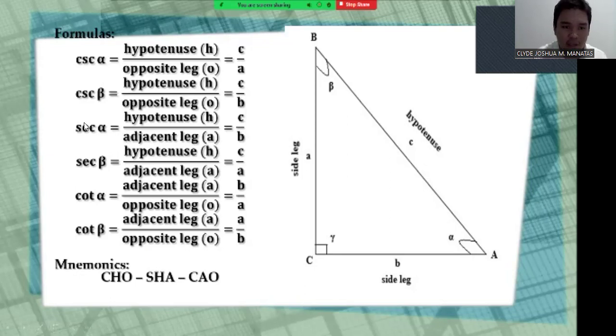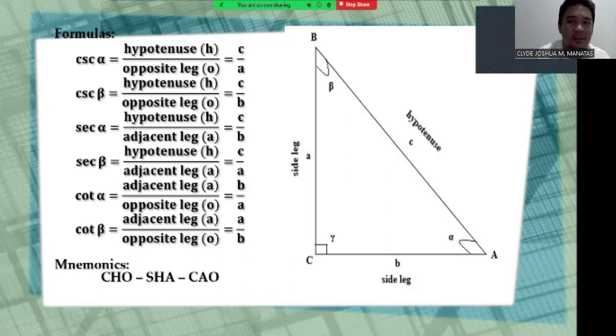Or if we restate it: cosecant is equal to hypotenuse over opposite leg, secant is equal to hypotenuse over adjacent leg, and cotangent is equal to adjacent leg over opposite leg. Okay?